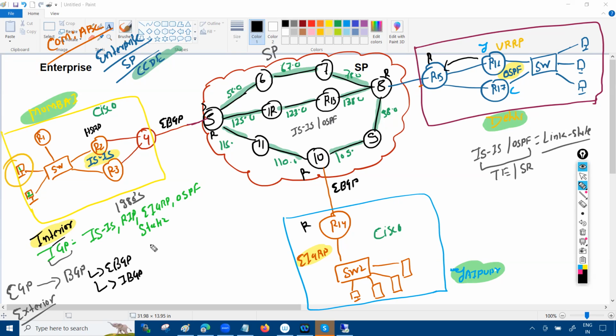But the major thing is whether router 4, in this scenario, is able to handle that many routes. That's another point, and that's why I said scalability.